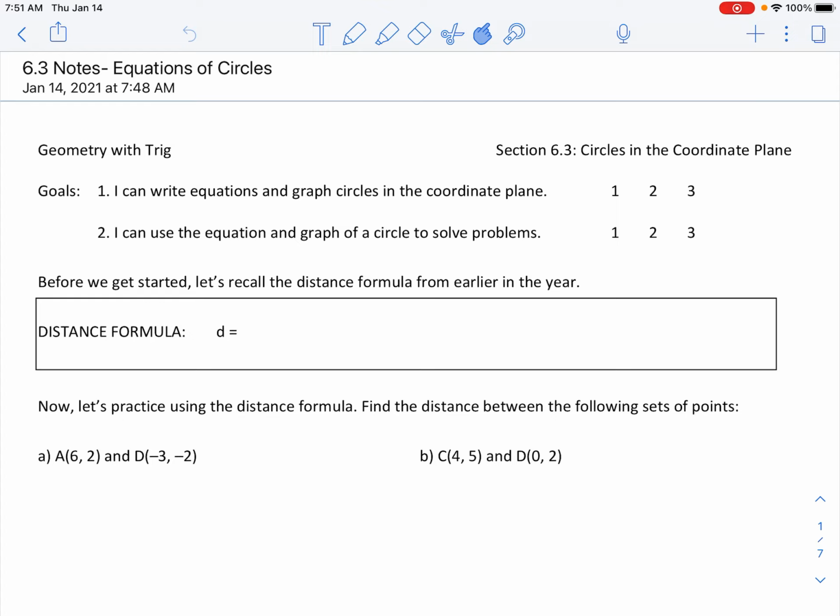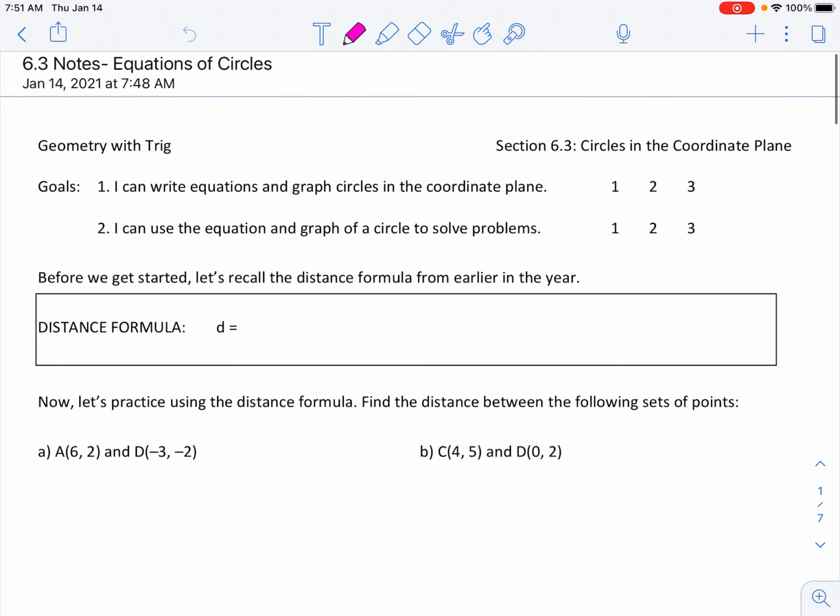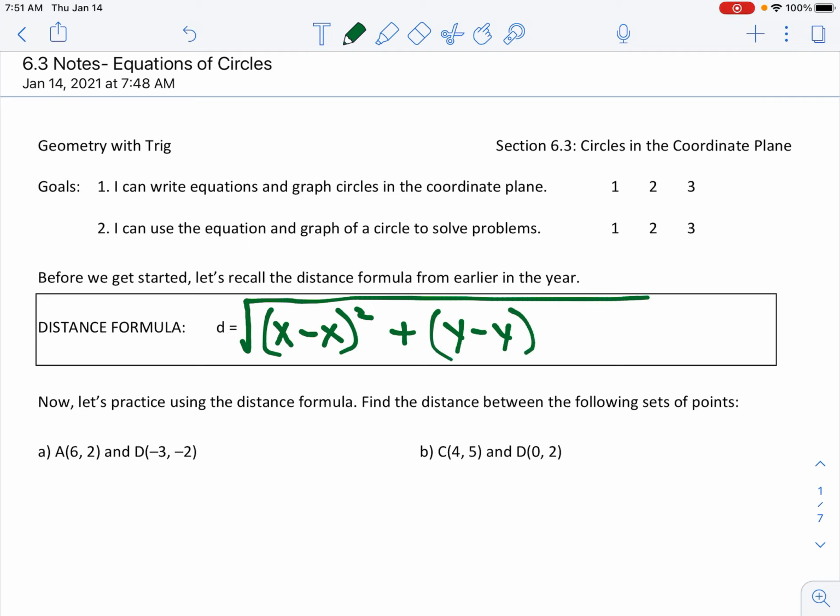Before we get started, let's recall the distance formula because we will be using it occasionally when we go to solve these. Remember, our distance formula is the square root of x minus x, squared, plus y minus y, squared.